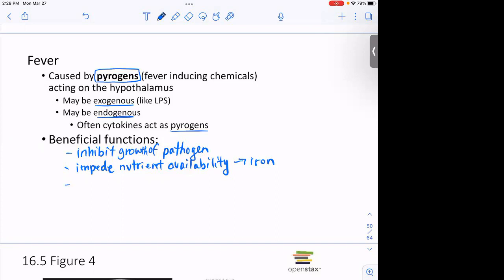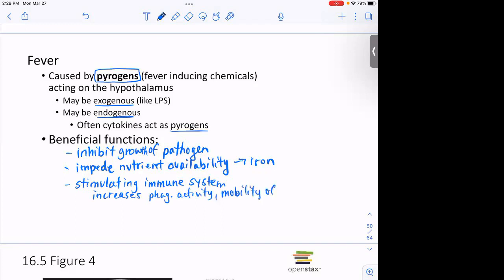We do know that fever does play a role in stimulating our immune system, lots of aspects of it. For instance, it increases phagocyte activity and the mobility of white blood cells.